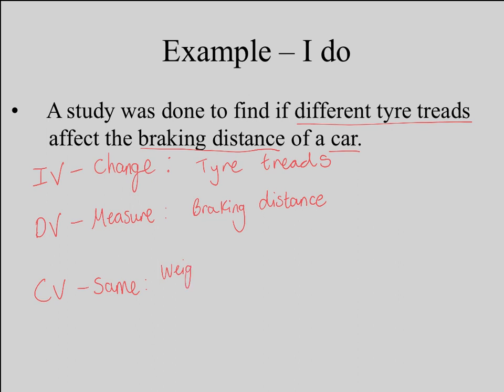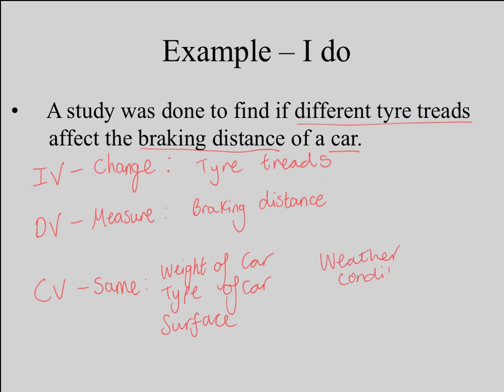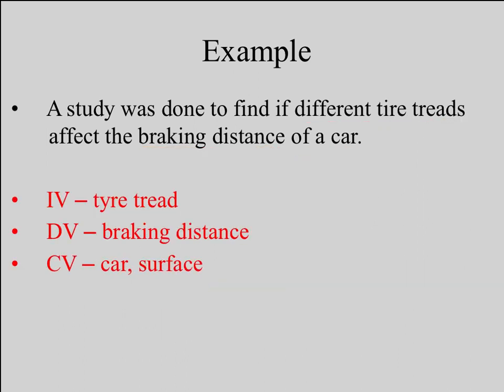The weight of the car, type of car, the surface that the car's on, weather conditions. Okay, they're just a couple. Okay, so with the control variable, we need to think about everything else that could change to affect the results. And there we go. There's just the answer plotted in there.